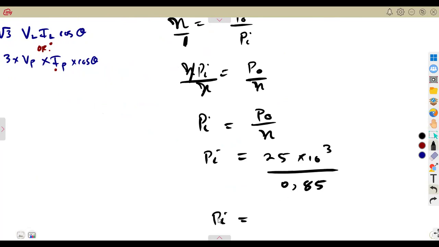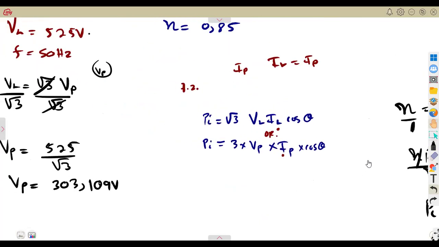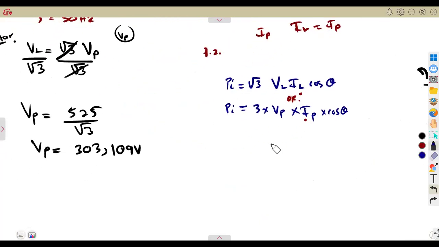This gives you the input power, which was 29,411.765 watts. Remember, the purpose of calculating the input power is that we can use it to determine the current. So it is up to you whether you use this formula or the first one.